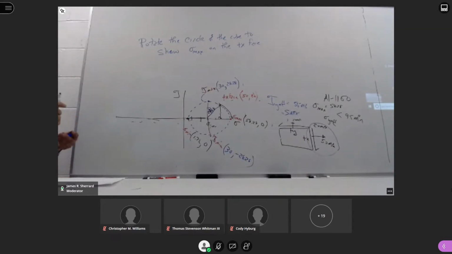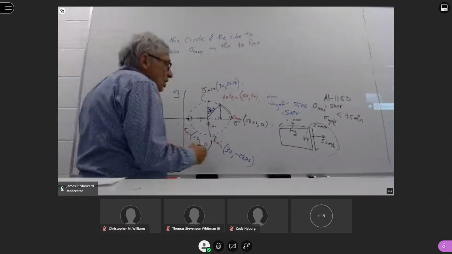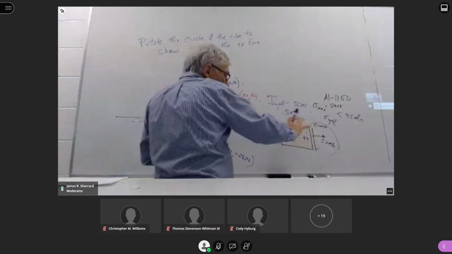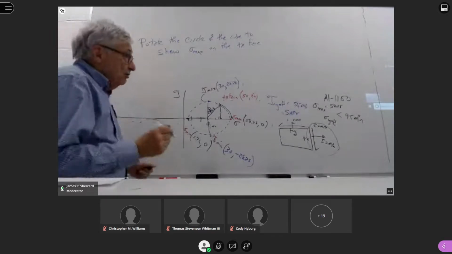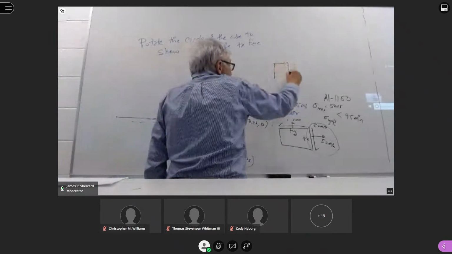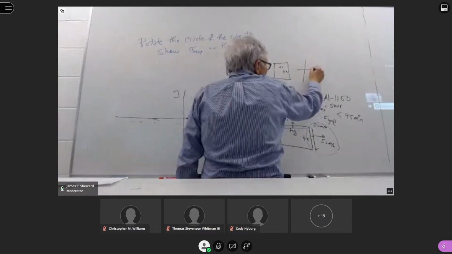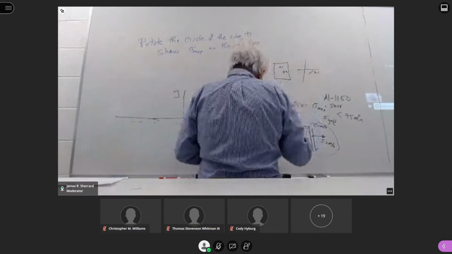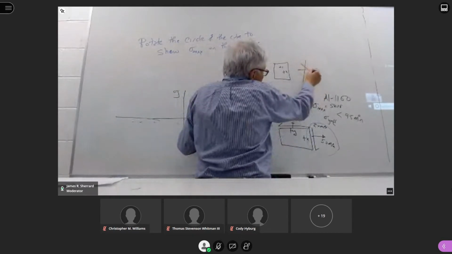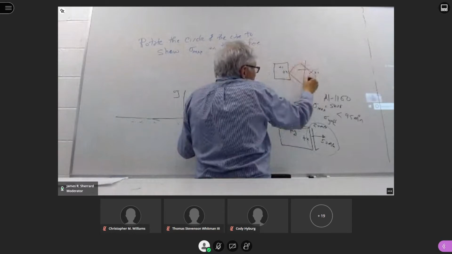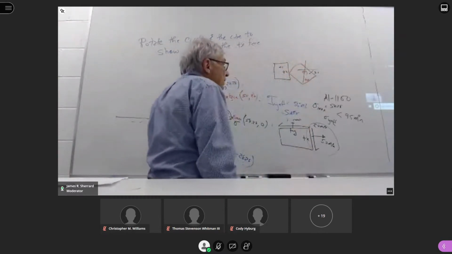One thing hopefully you picked up on is no matter how we rotate our little cube here, wherever we stop the rotation, so if we took this and we rotated it 30 degrees, so plus X goes down here, plus Y is there.